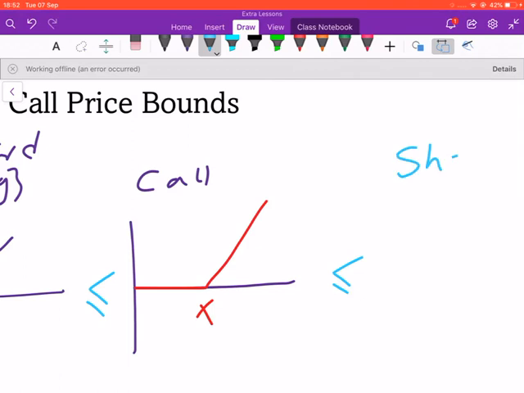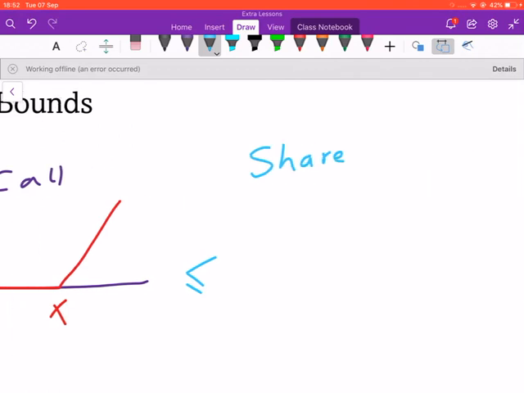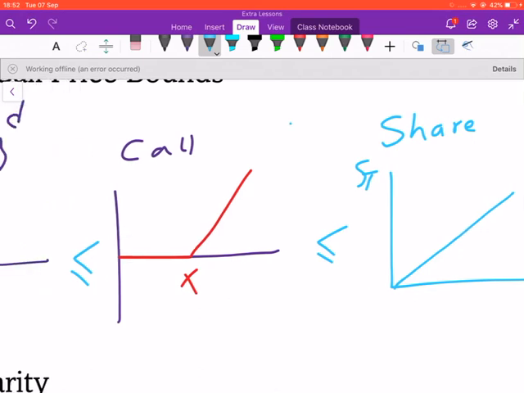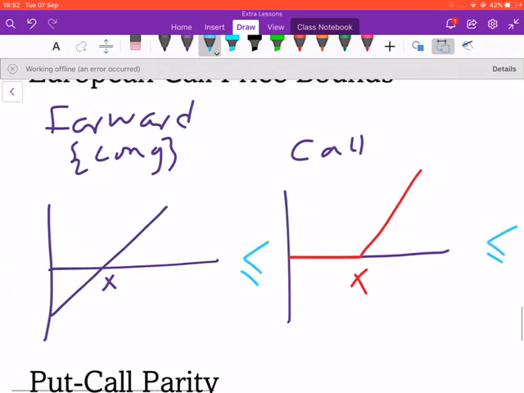However, there's still the share. If you have a share, the payoff for the share is going to look like this, meaning that it's going to be greater than that of a call option. So the payoff of a forward contract is less than or equal to that of a call, which is less than or equal to the share price at T, right?